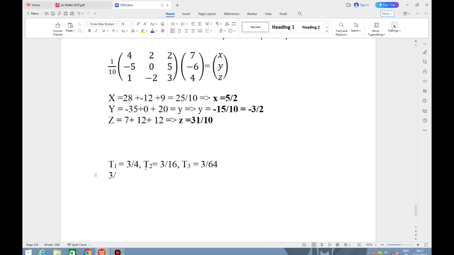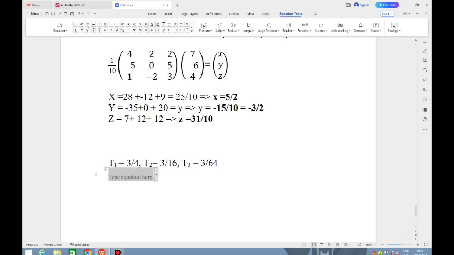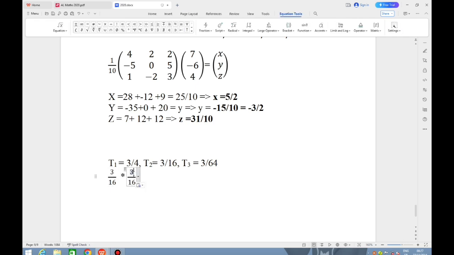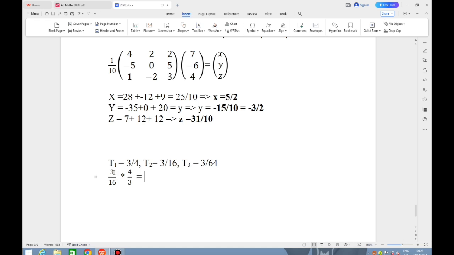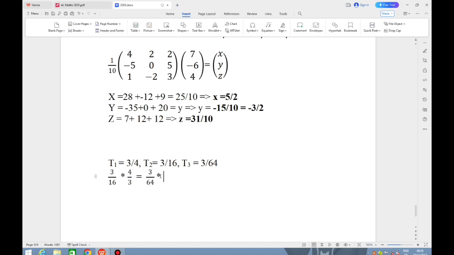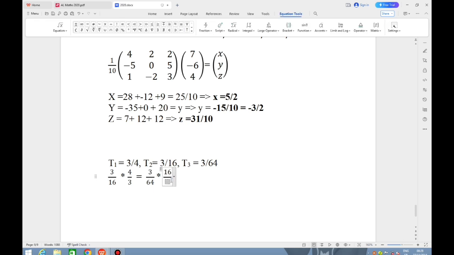So T3 divided by T2 is equal to 3 on 64 times 16 on 3.